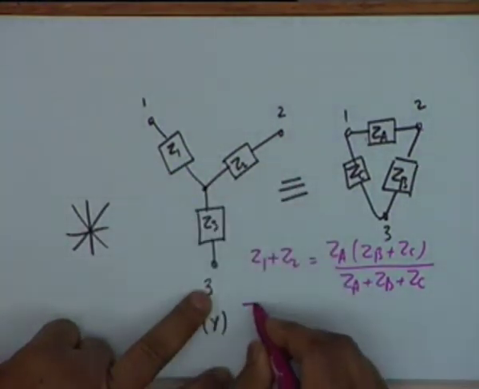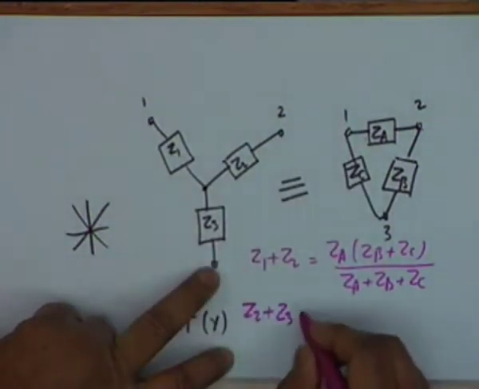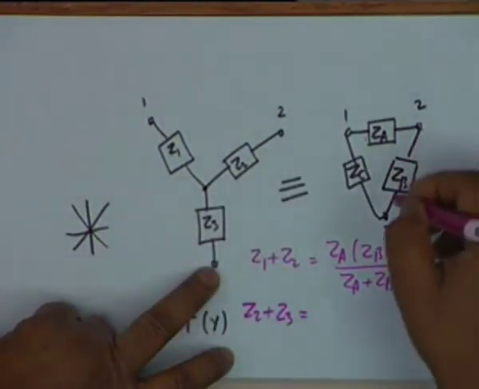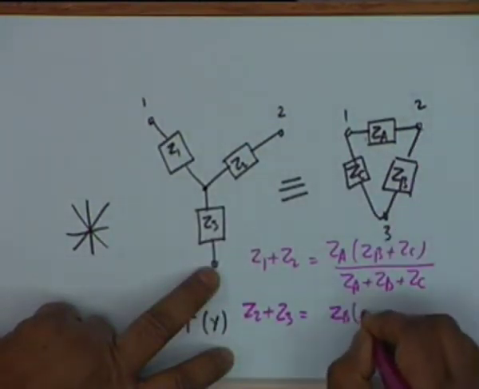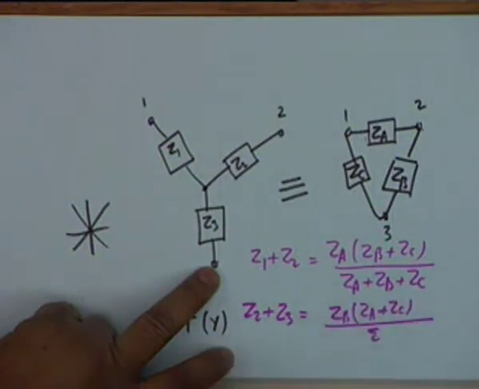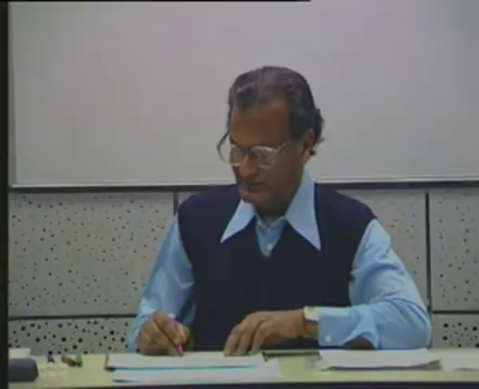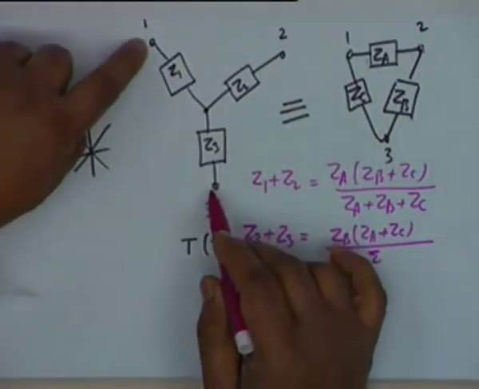So, the other measurement can be Z2 plus Z3, that is between 2 and 3, leaving 1 open, and this shall obviously be between 2 and 3. So, ZB, ZA plus ZC divided by the sum of the 3. Let us put it as sigma. All right. The third equation shall be measured between 1 and 3.